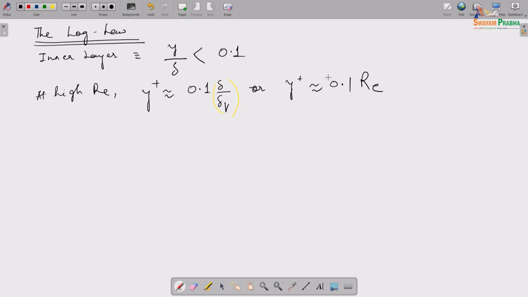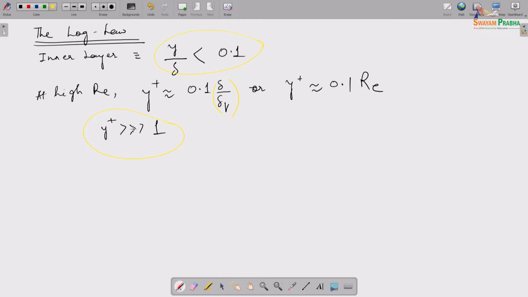And y plus is much larger than 1. So this is the length scale we are talking about, where y by delta is less than 0.1, and y plus, which is y by delta v, is much larger than 1.